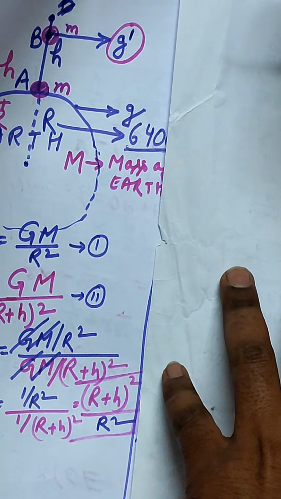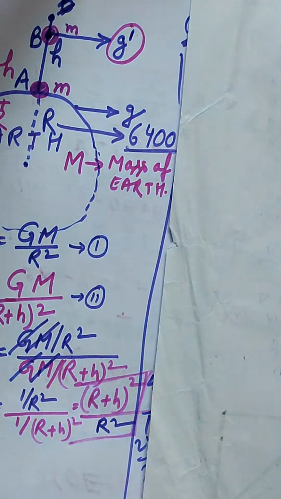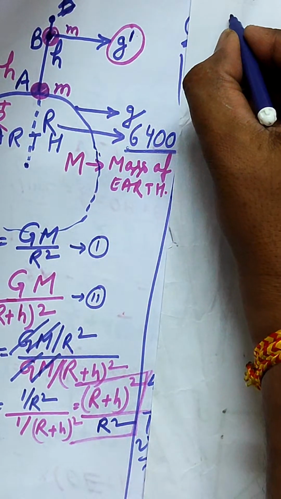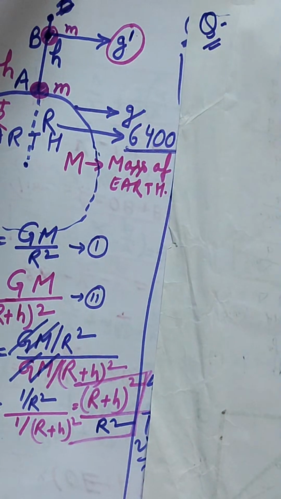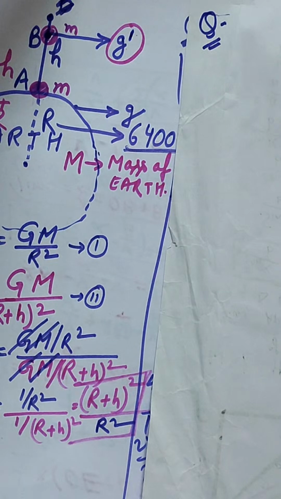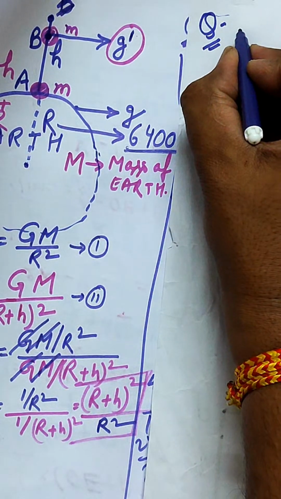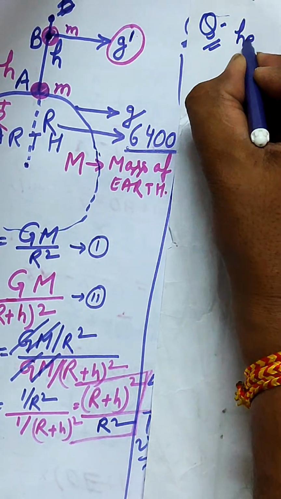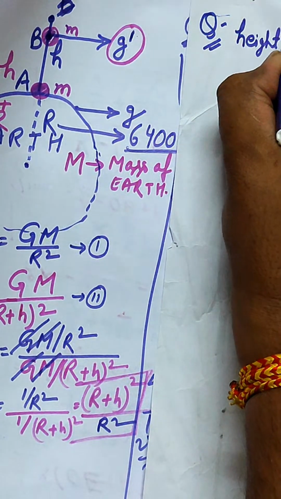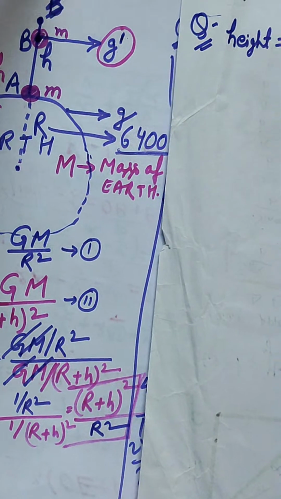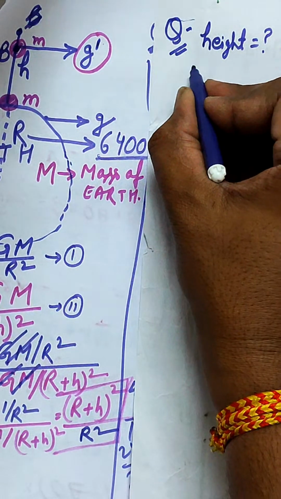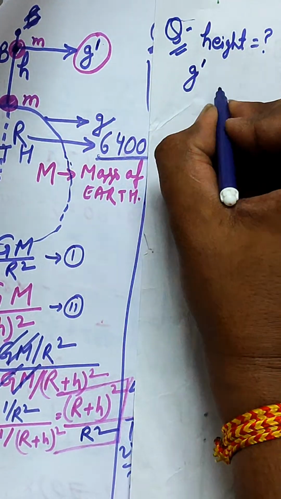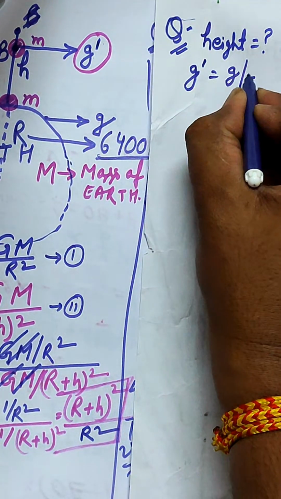Another question we have taken to solve here is to calculate the height: at what height is the acceleration due to gravity, let's say g dot, equal to g by 9?